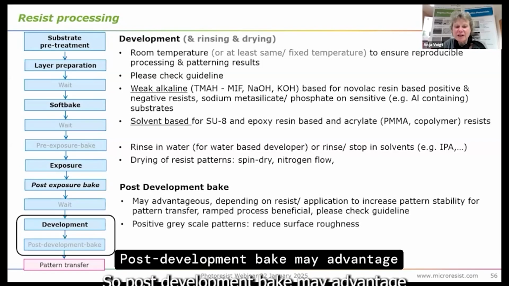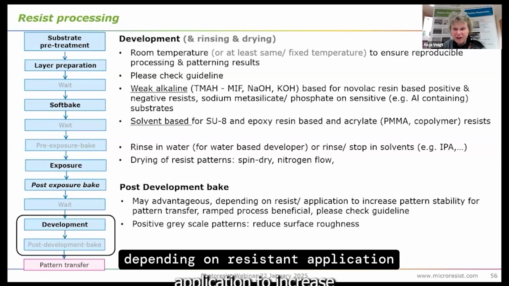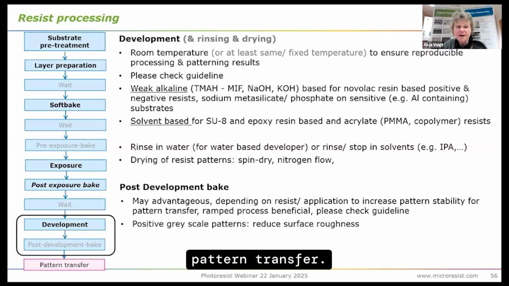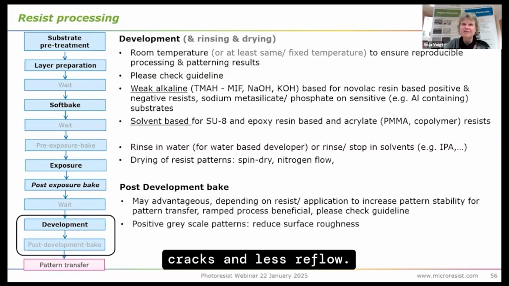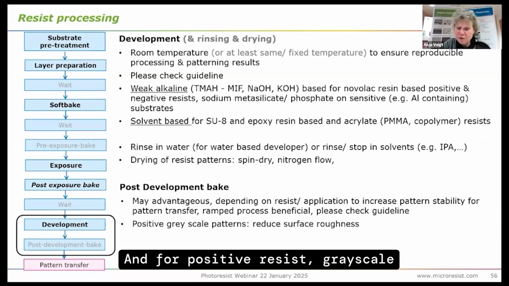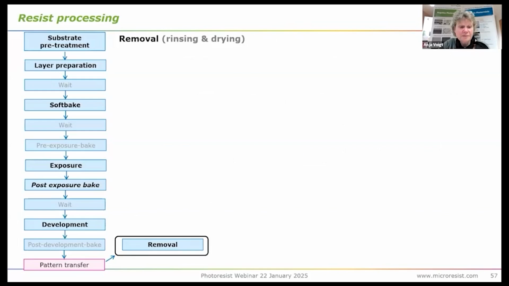Post-development bake may be an advantage, depending on the resist application, to increase pattern stability for pattern transfer. Ramp processes are beneficial, with fewer cracks and less reflow. Check the guideline. And for positive resist, grayscale patterns reduce surface roughness.